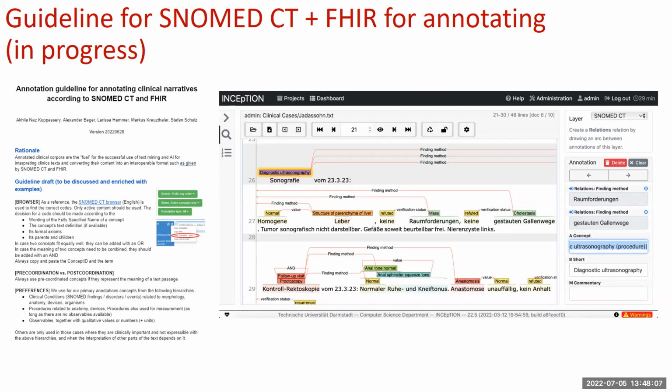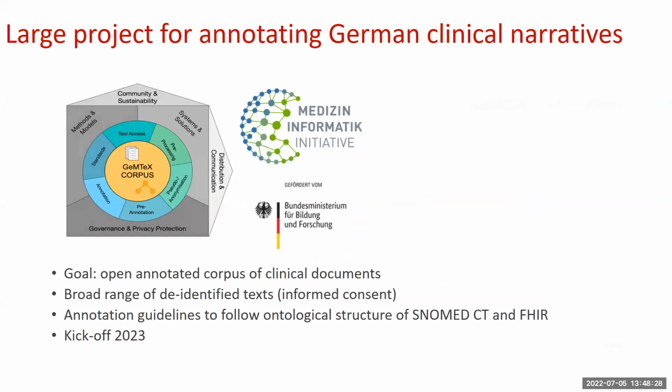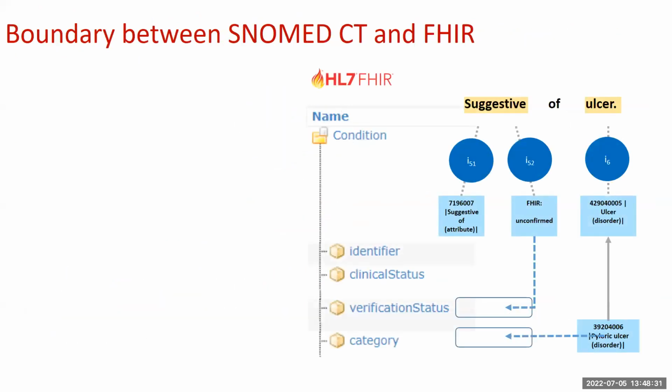Which for instance means that we do not use at all the SNOMED context hierarchy, situation hierarchy, because this is just an alternative way to express context. But for these annotations, we want to express context by FHIR structures. And therefore the boundary between SNOMED and FHIR is another area which really requires a lot of work.